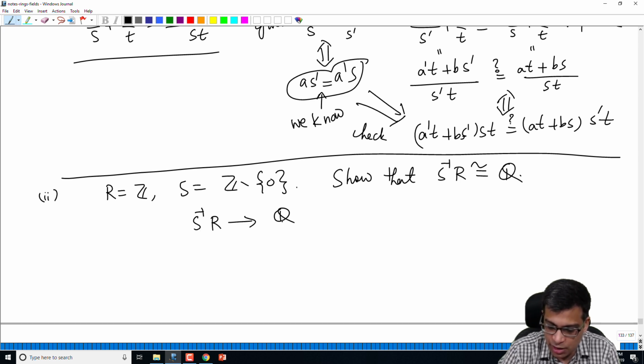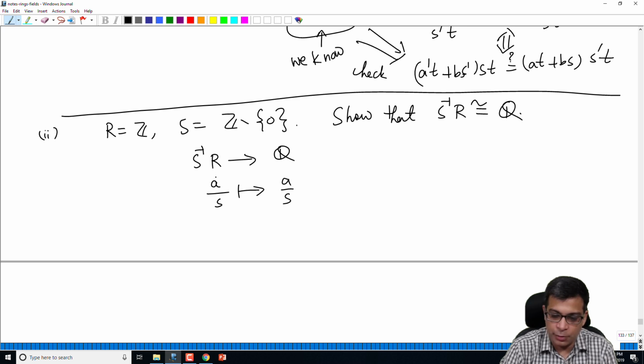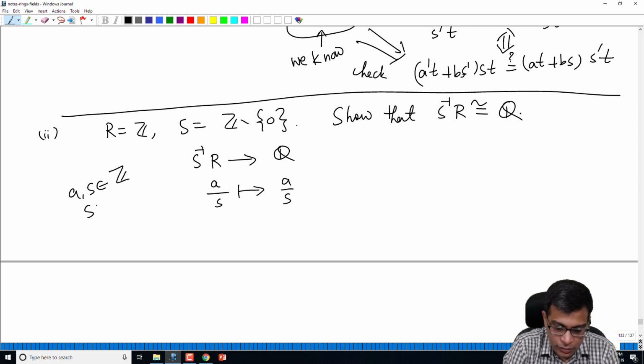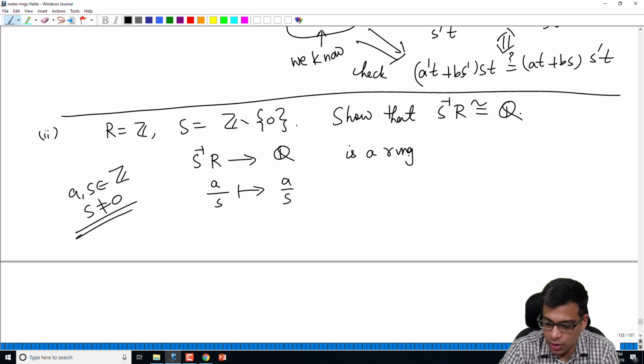Send S inverse R to Q in the following way. A by S should go to A by S. Remember, A and S are integers here, right? And S is not 0. So A by S is actually a rational number. And this map is a ring isomorphism.